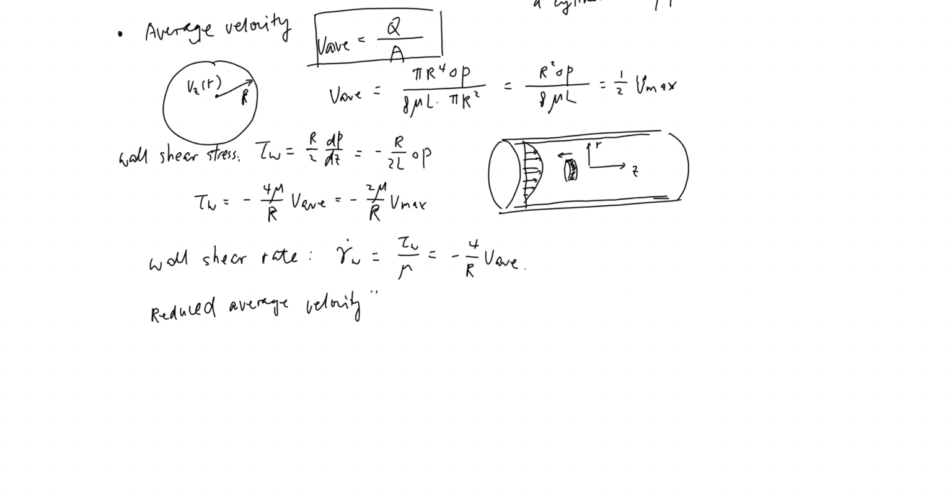I put a quotation mark on velocity because it's not really a velocity. You can check the dimension. It's not the dimension of velocity, but people just call it that. We define U bar as V average divided by the diameter, so B equal to the diameter of the pipe.